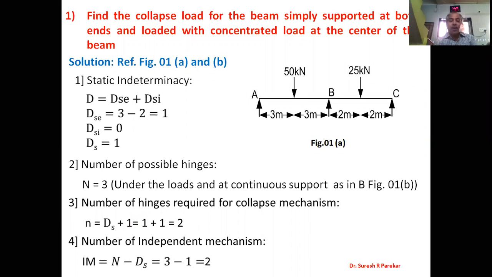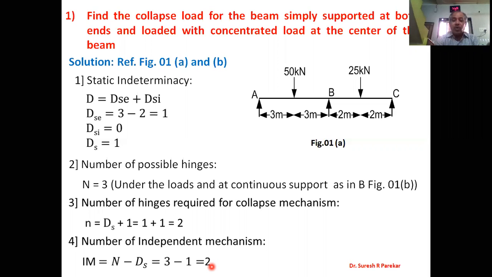Now the number of independent mechanisms: we have capital N, possible hinges 3, and static indeterminacy 1. So how many independent mechanisms? We have 2 independent mechanisms. When we have a single load and single span, we have 1 independent mechanism. If we have a single span but 2 concentrated loads, then that again goes to 2 independent mechanisms. One we will see in this.